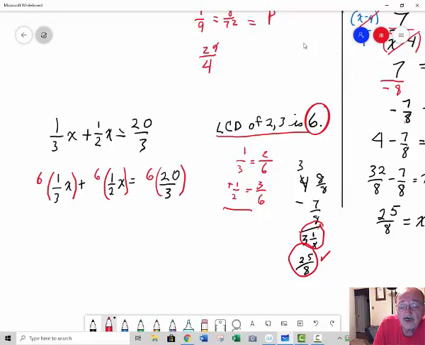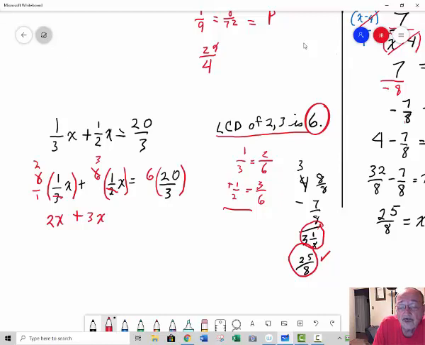Remember now it's 6 over 1, right? The 3 and the 6 will cancel. 2 times 1 would be 2, so I've got 2x. The 2 and the 6 cancel, and I've got 3 times 1, which is 3x.